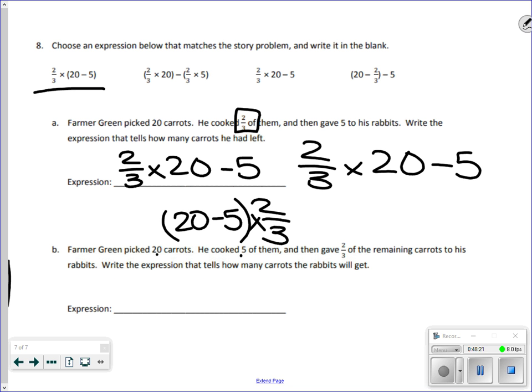That doesn't match anything. 20 minus 2/3 minus 5 doesn't match anything either. So it would be this one: 2/3 of the 20 minus the 5 that he already took out.